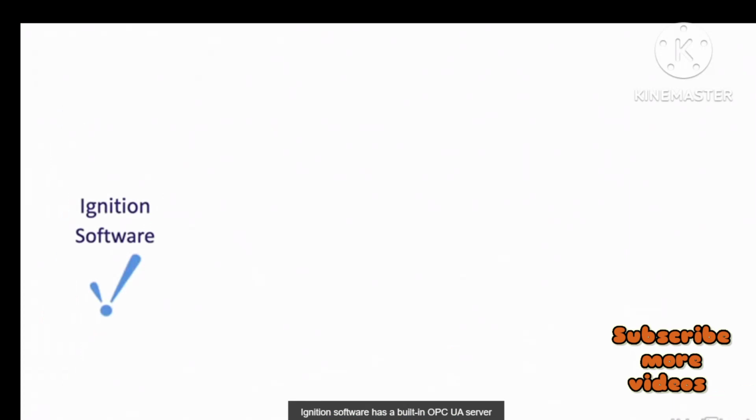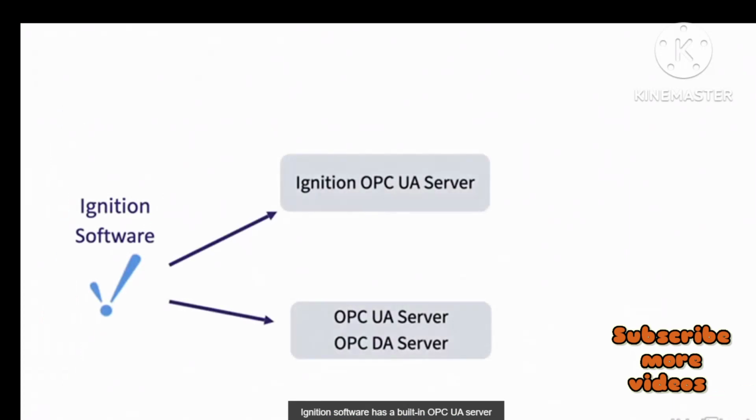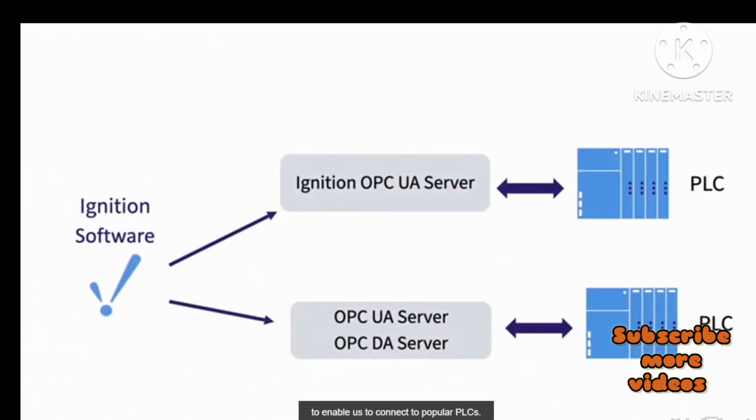Ignition software has a built-in OPC UA server to enable us to connect to popular PLCs. And it can also connect to third-party OPC DA or OPC UA servers, making it possible for us to connect to any PLC in the market.